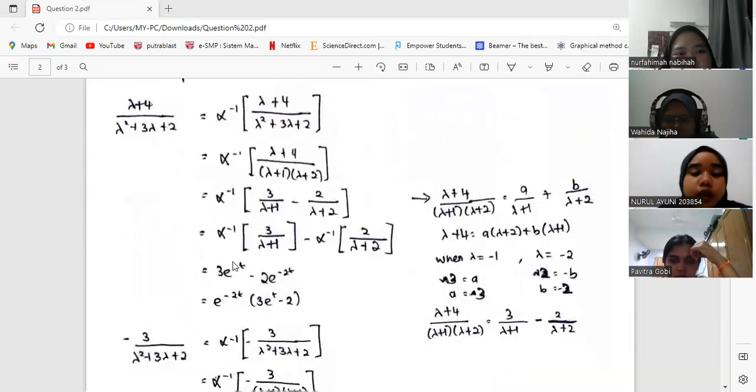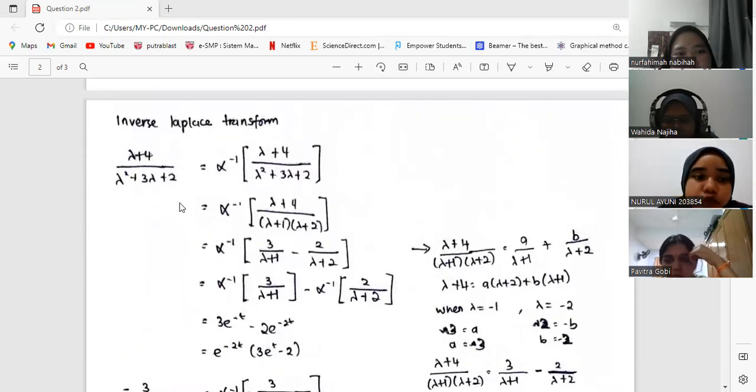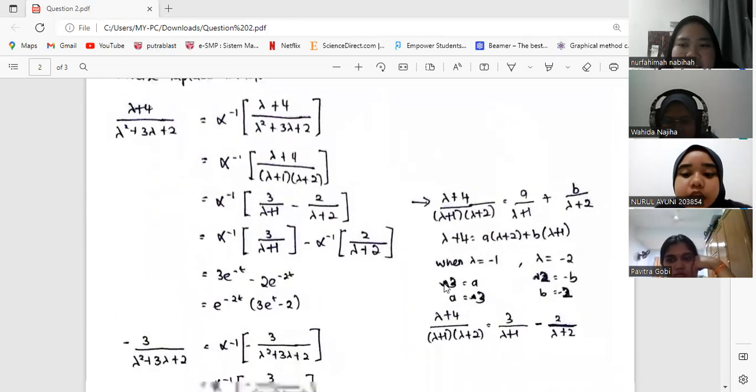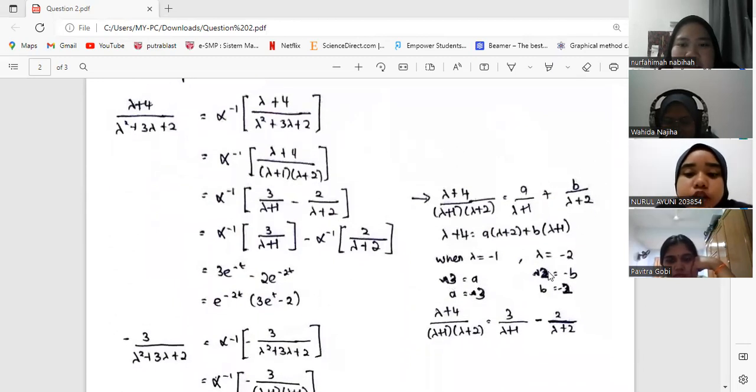First we will find it for lambda plus 4 over lambda squared plus 3 lambda plus 2. We will use partial fractions to find the values of A and B. We will use lambda equal to negative 1 and also lambda equal to negative 2.